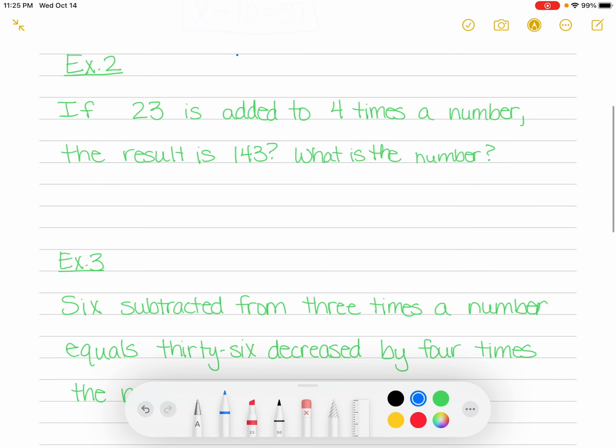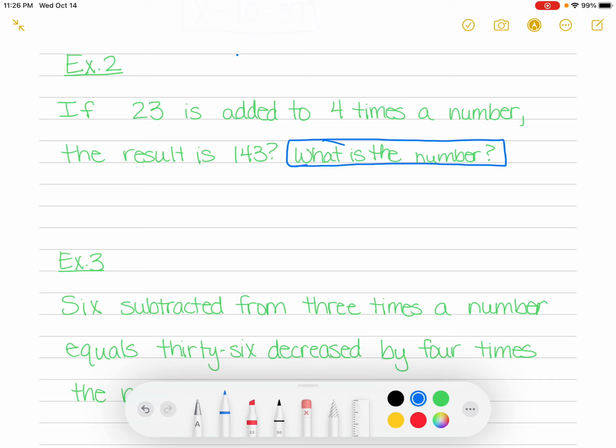Now on this one, example 2, first I'm going to read this to you and tell you something about what we're going to be doing. It says if 23 is added to 4 times a number, the result is 143. What is the number? I don't really know why they put this in this book, but in all of your examples and in your work today, it will say what is the number.